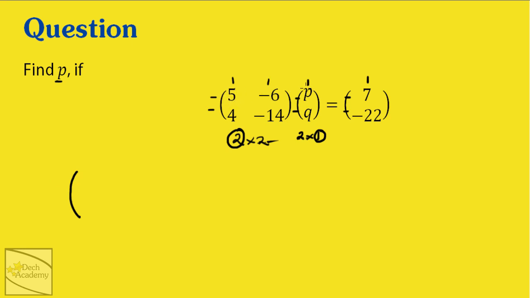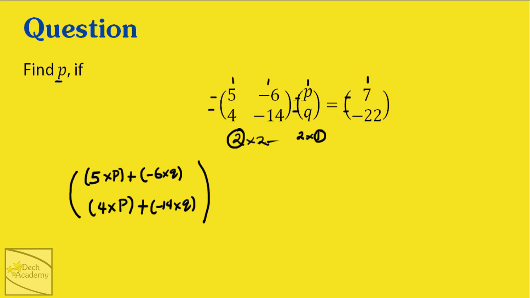Row 1 times column 1 is going to give 5 times P plus minus 6 times Q. Then row 2 times column 1 is going to be 4 times P plus minus 14 times Q.